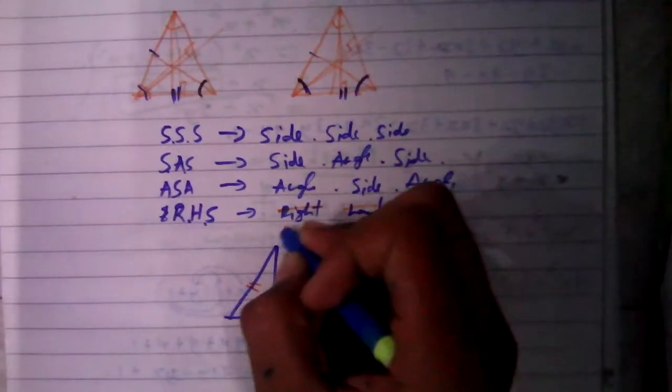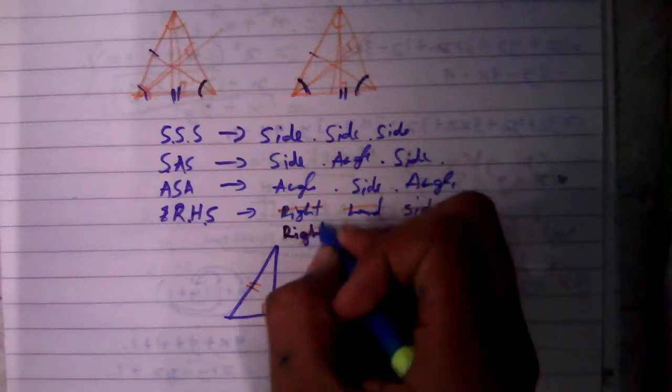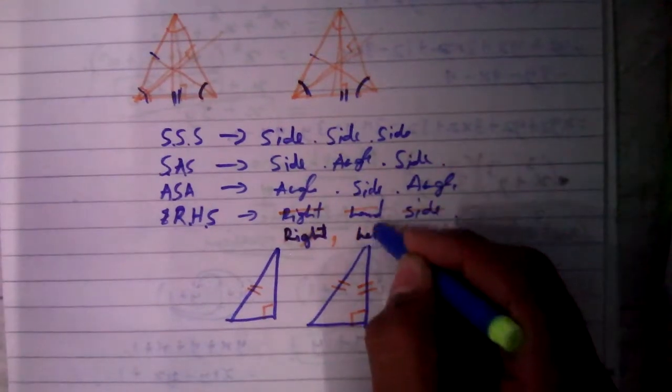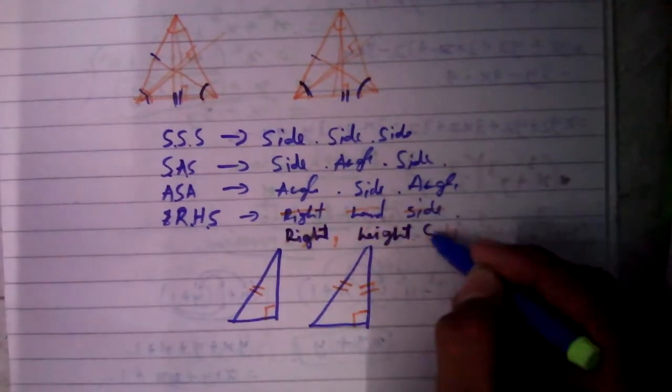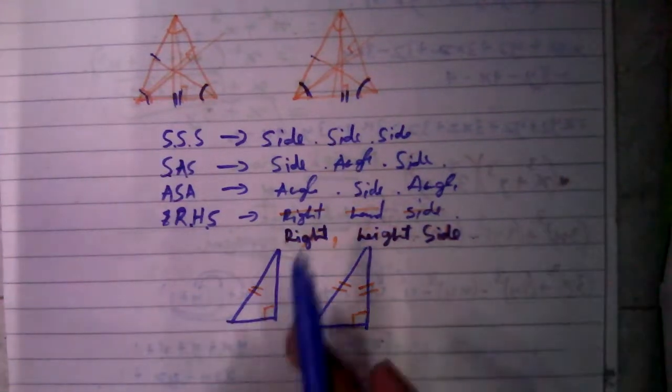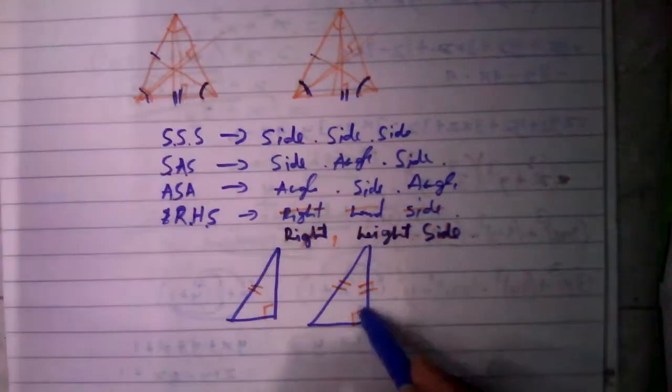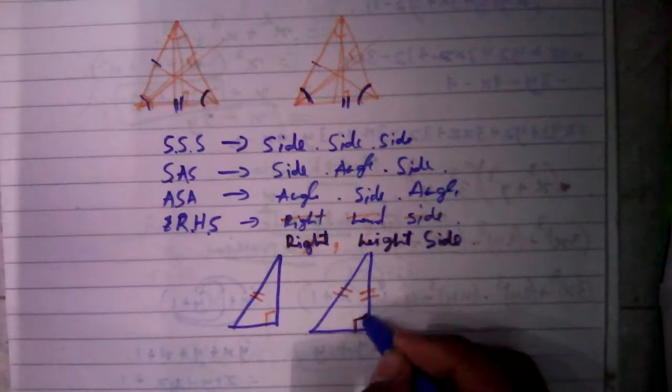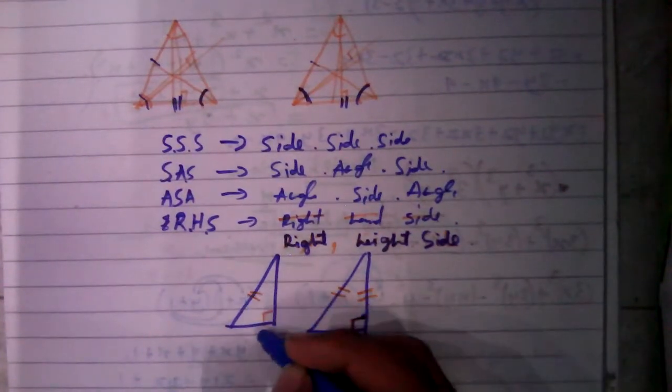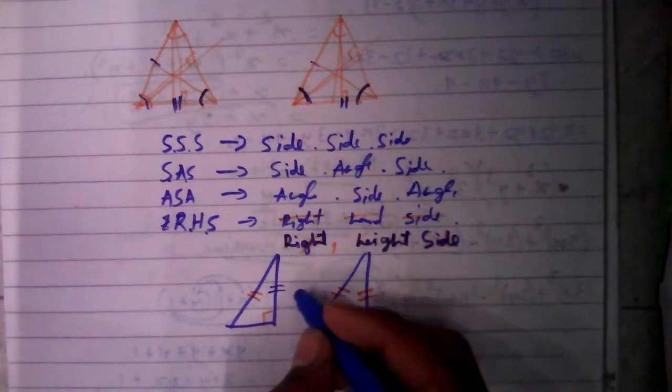Right, hypotenuse and side, so the right angle will be this and the hypotenuse will be this.